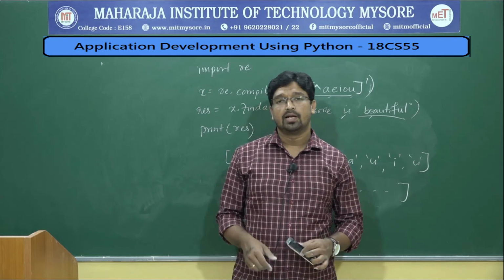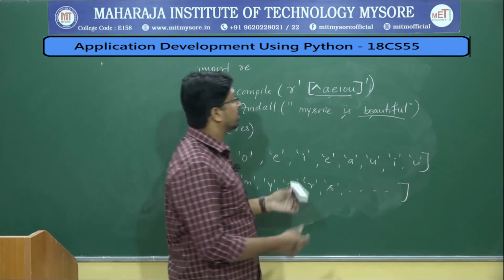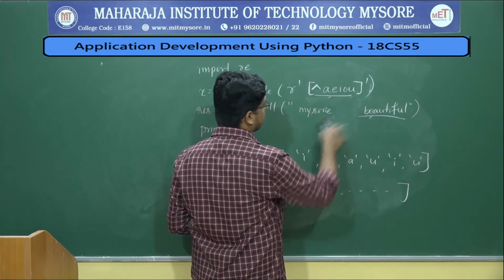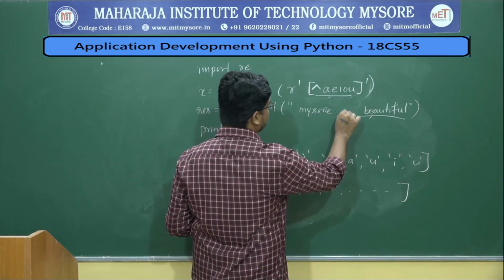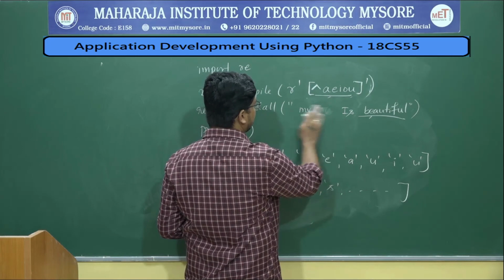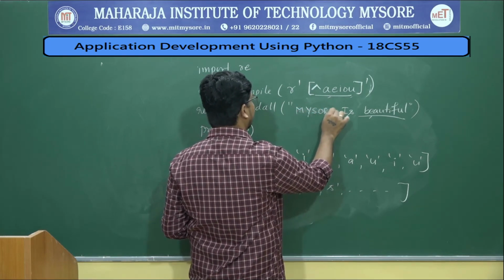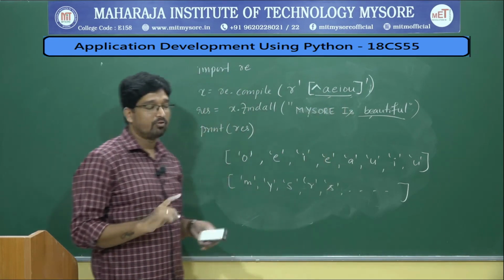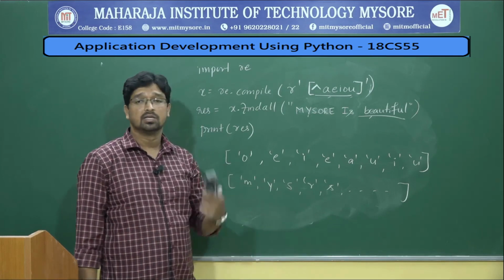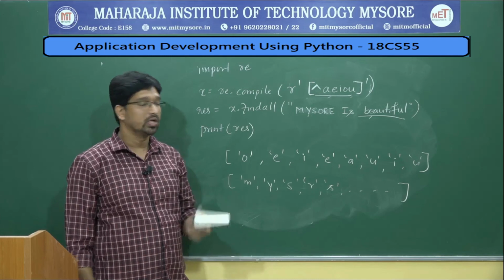Okay, for the same example, let us say we have written lowercase a, e, i, o, u. What if the string contains capital letters, let us say somewhere it is written in capital letters like this. If the string is made up of both lowercase and uppercase, but still you want to match the character set A, E, I, O, U, then how do you do that?